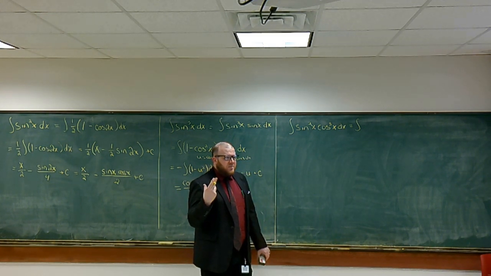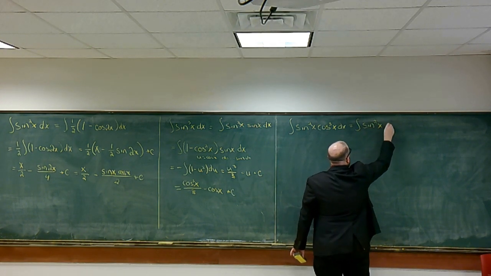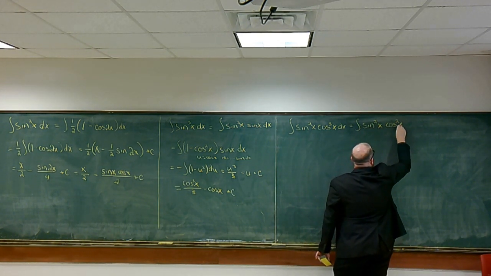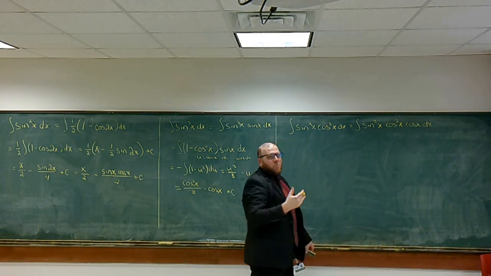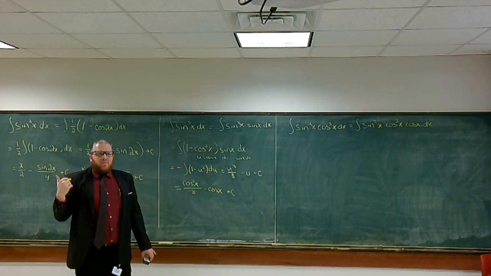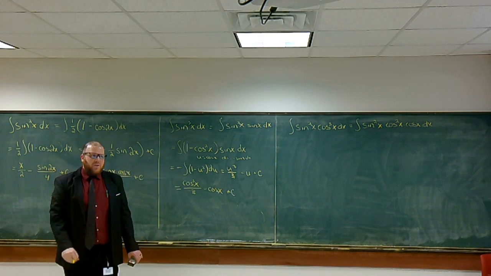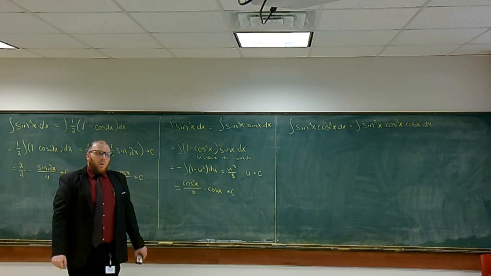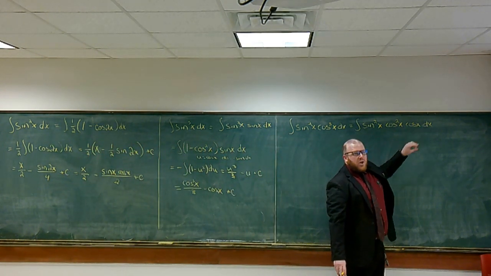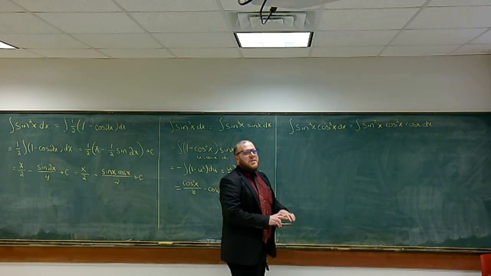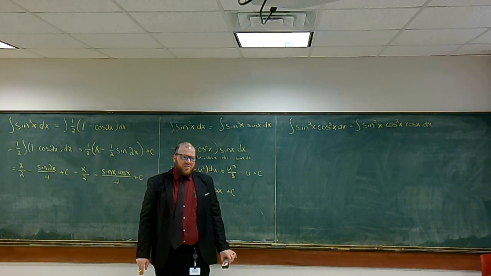Split it, by pulling out one of the terms. So in this case, we're going to pull out one cosine, we're left with cosine squared. Derivative of sine is cosine, so we're going to want to do a u sub with u being sine. But we have that cosine squared.